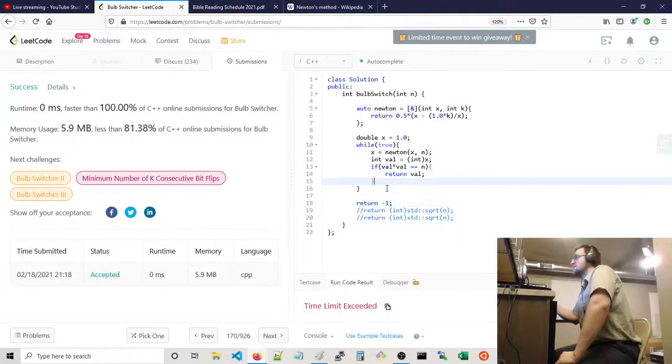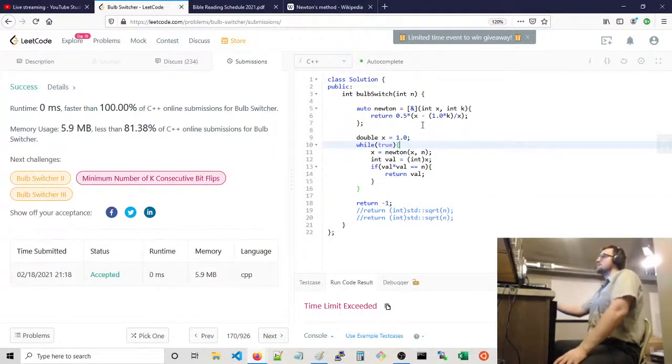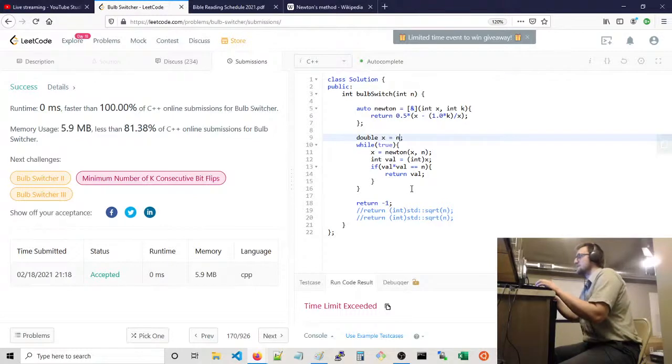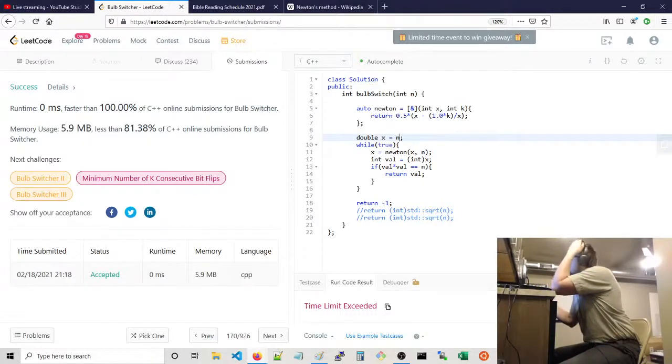Time limit exceeded. Okay. Interesting. So n is k, x is 1 minus this very large value times a half. We can start x out at n, I think. I think that works. What does this do? Doesn't work, huh?